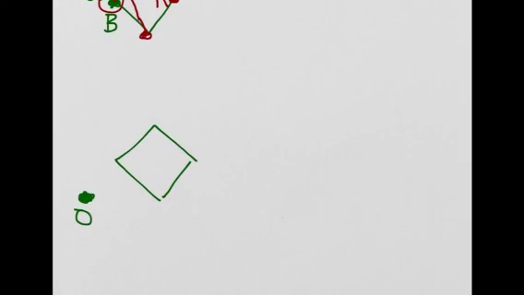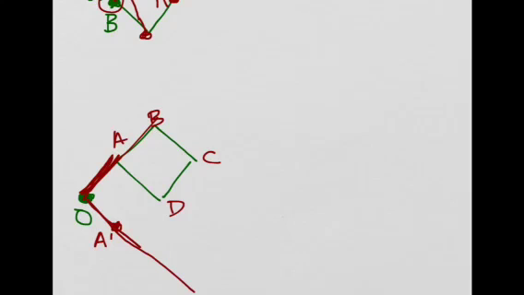Sometimes you'll be asked to rotate about a point. So for example, if this is the point and you're supposed to rotate 90 degrees, then if I label this A, B, C, D, this would be A prime. This would be B prime.